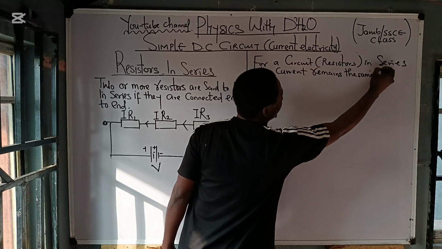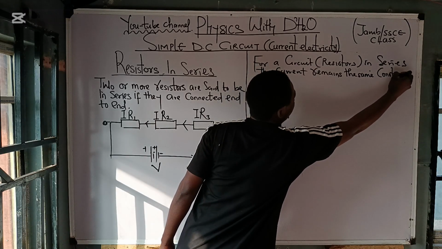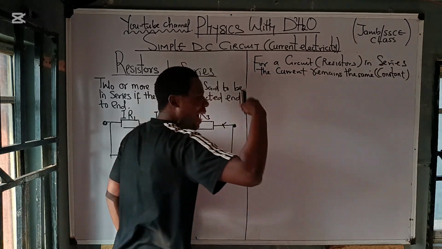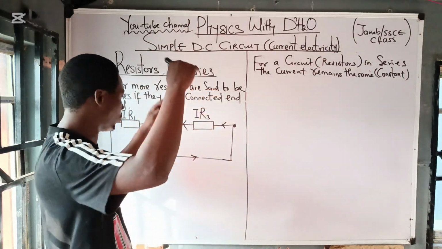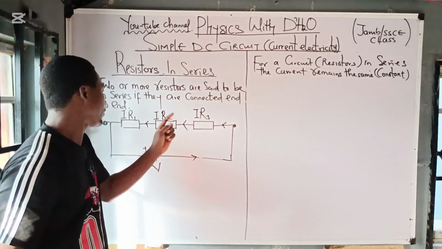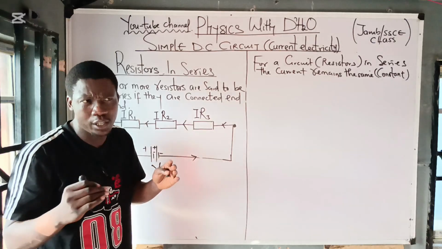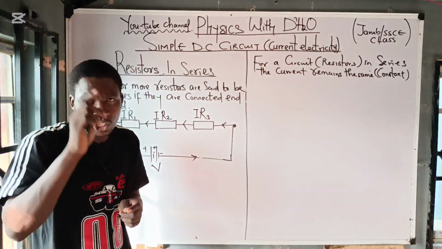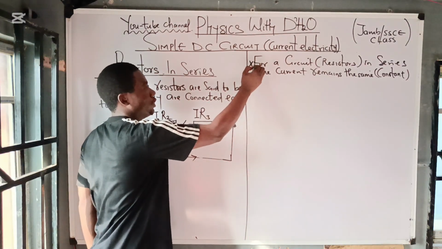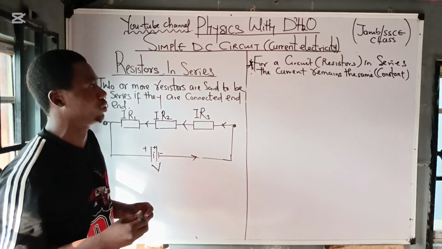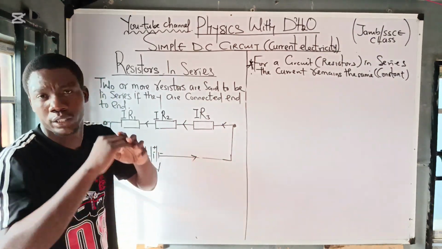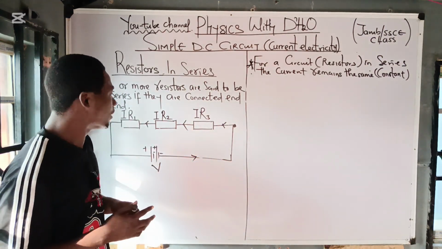That is to say, the current is constant. So avoid using I1, I2, I3 for a circuit in series. See the way I do them: I here. Why? Because the resistors are connected end to end. Note it: for resistors in series, the current remains the same, remains constant.